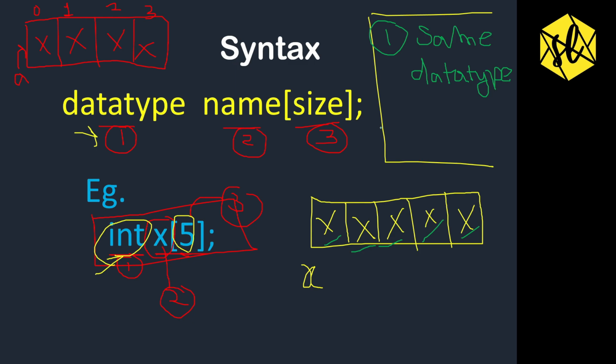Now what is the second observation? Our second observation is about size. You can see that our size is 5 and also our memory blocks are 5, but what about our index? So our index will be something like this: 0, 1, 2, 3 and 4.